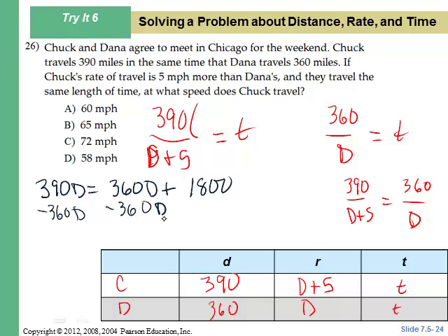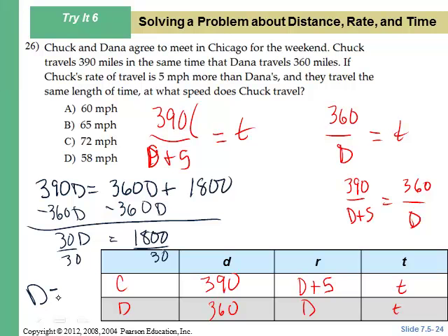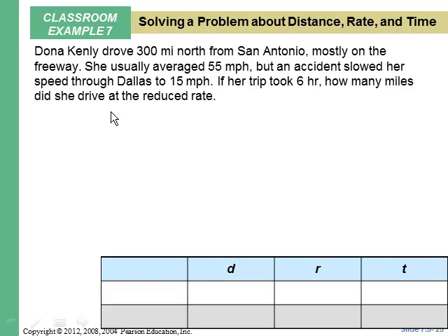And we get 30D is 1800. Divide both sides by 30. Dana is 60. So Chuck travels at 65. Okay.